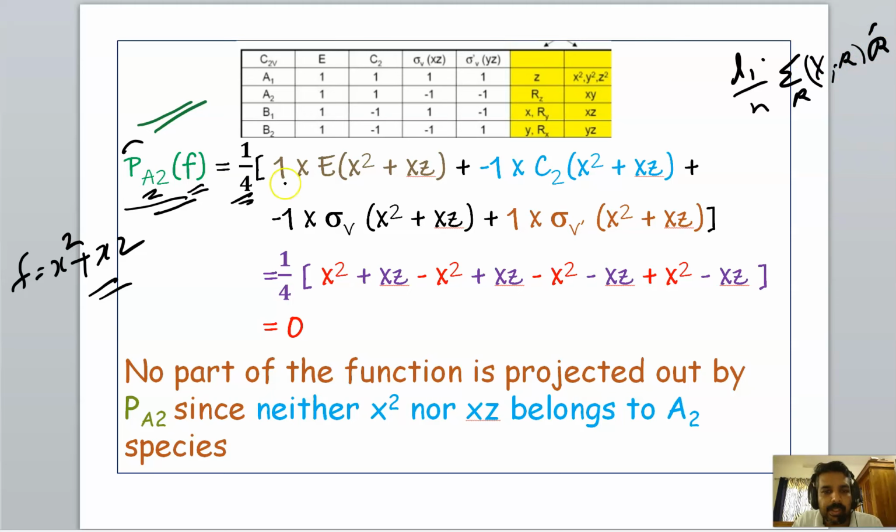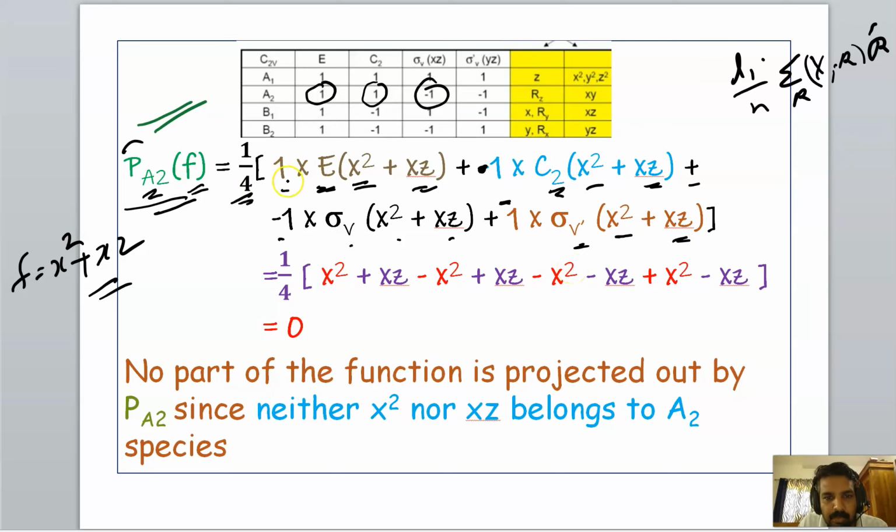Then again here A2, the character of E is equal to 1 into E operating on the function x square plus xz. Next is again A2, it is 1, so 1 into C2 operating on x square plus xz, plus next is minus 1 sigma v operating on x square plus xz. Next is also minus 1 sigma v dash operating on x square plus xz.